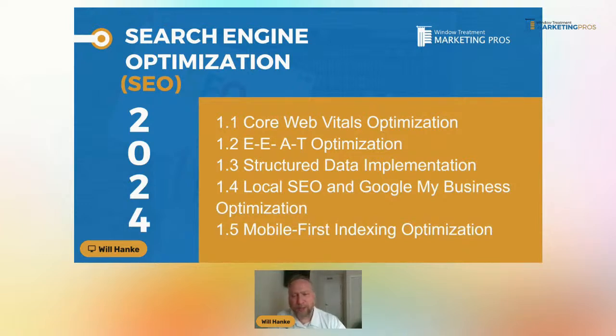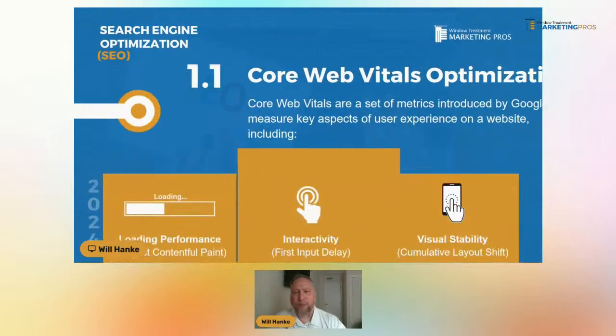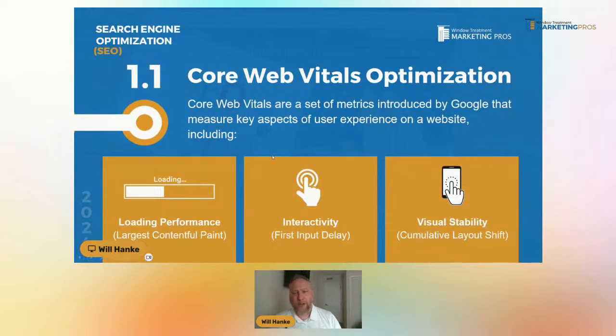I'm not going to read them to you because you can see them right there, but let's jump into core vitals. So there are a couple things that every website needs to have running optimally for Google to love your website. And by Google, I mean Google, Yahoo, Bing, all of the others, but quite honestly, Google for the most part. And core vitals are things that you can actually get information on inside of Google Search Console.